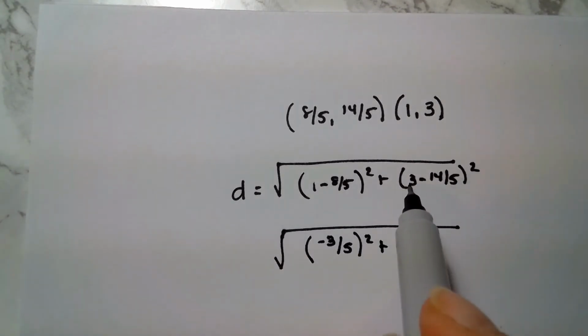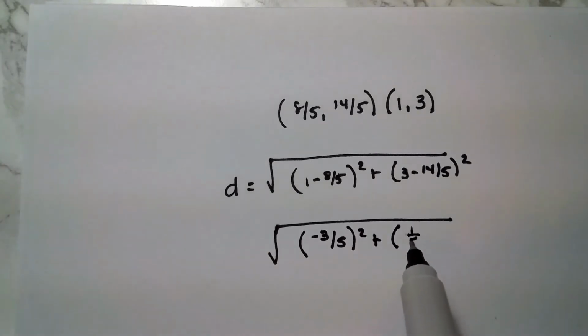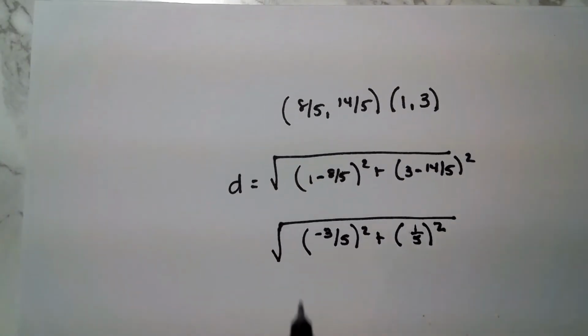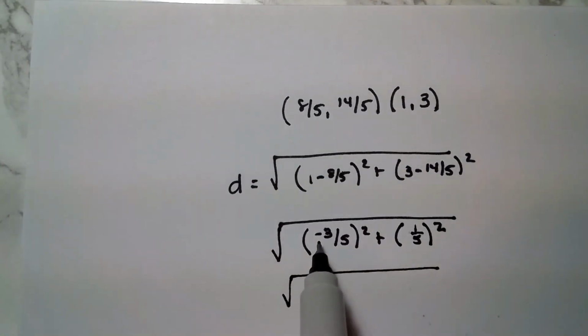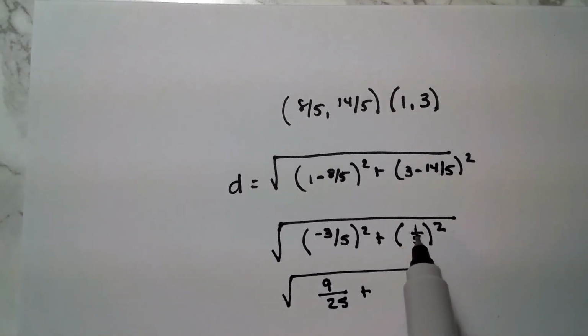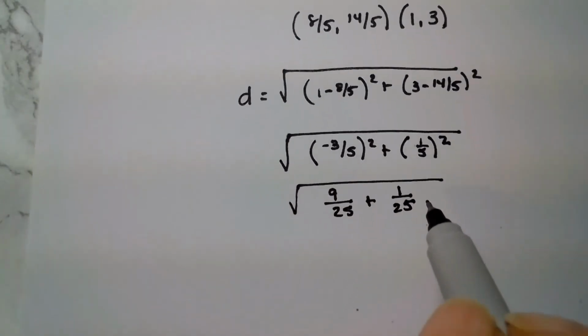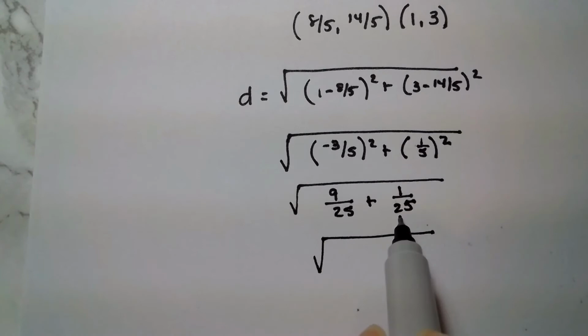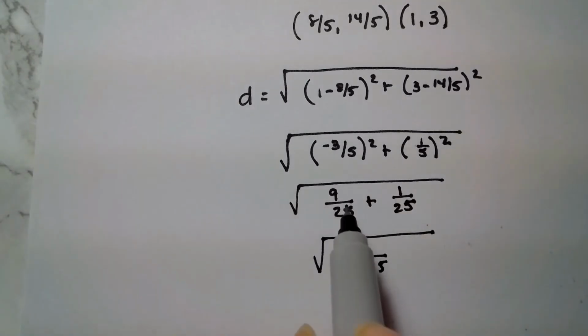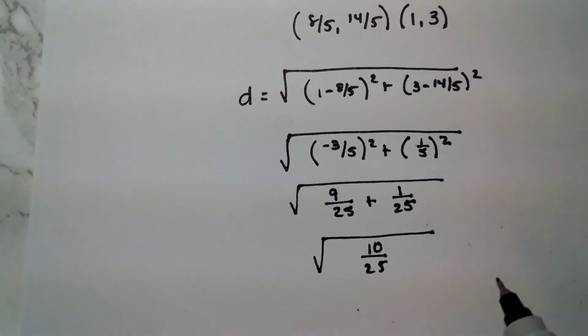Over here it's 15 minus 14, or 1 fifth squared. Negative 3 squared is 9, 5 squared is 25, 1 squared is 1, 5 squared is 25. That gives me same denominator, 25.